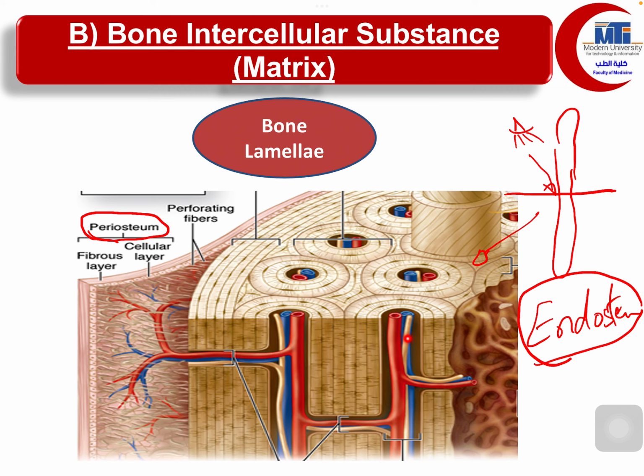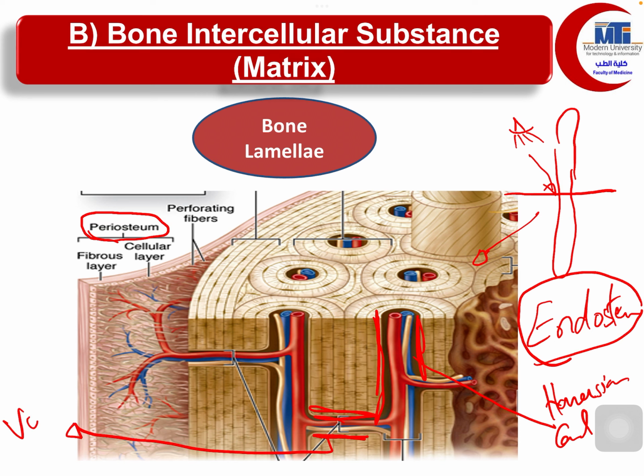One of these canals is called Volkmann's canal. The Volkmann's canal is a longitudinal canal running along the axis of the bone. Sorry, I'm mistaken. The longitudinal canal here, which is present inside the bone tissue, is called the Haversian canal, while the transverse canal which is present here is called Volkmann's canal.